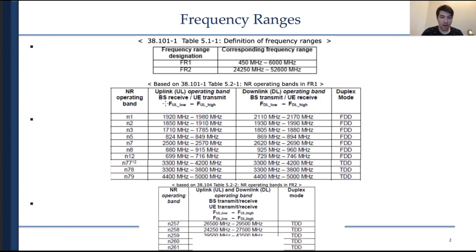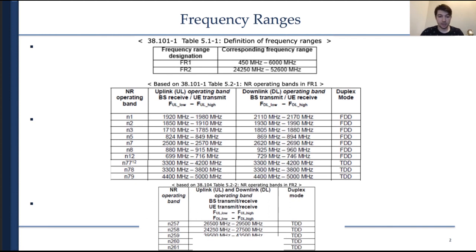This is the uplink of operating bands from low frequency to up frequency. And the duplex mode that they use here is FDD or TDD. There are many more operating bands because the table is very huge and couldn't fit in one slide. I just cropped part of it to let you see an example of how the specifications look.